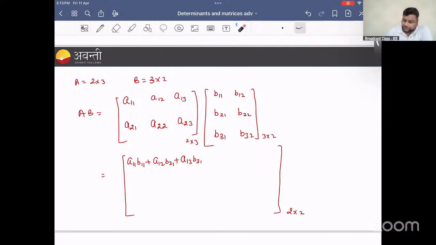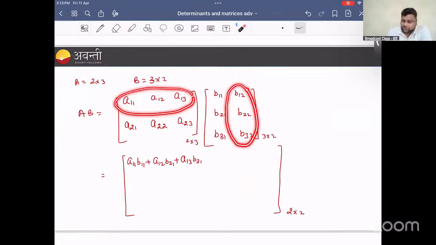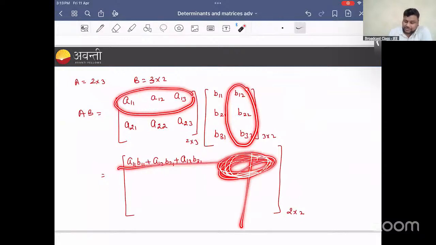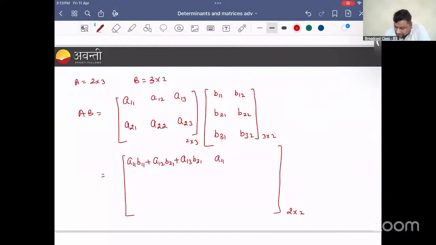Now, first row, second column: whenever I multiply these two, first row, second column, I will get the element of first row, second column of the resultant matrix. It will be A11 B12 plus A12 B22 plus A13 B32. Correct?